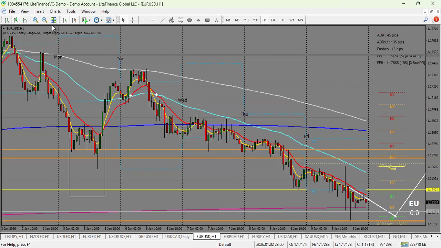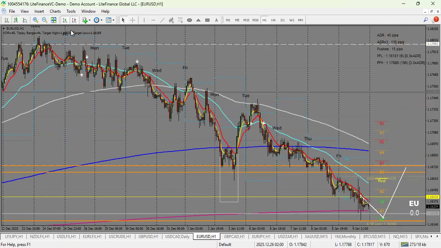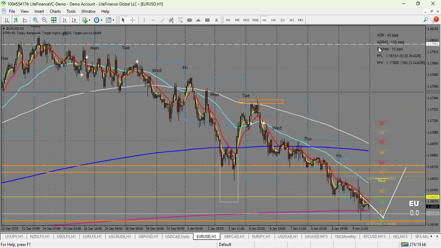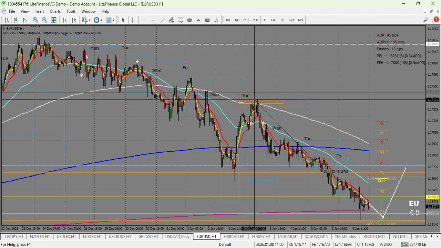So this here should be our peak reset. If we measure the area from this point to this point, it's around 135 pips, which is area item 3. So this should be our new peak reset.